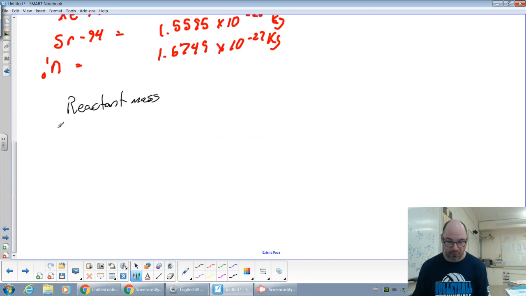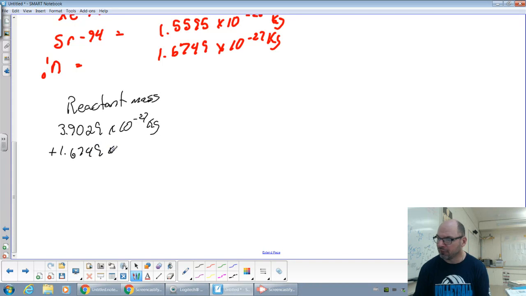So that would be one uranium, 3.9029 times 10 to the negative 25 kilograms plus the 1.6749 times 10 to the negative 27 kilograms.